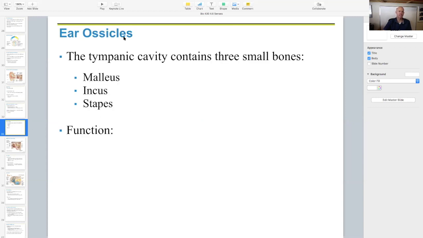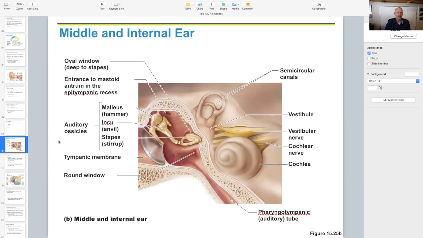And then that brings us to the malleus, incus, and stapes. Those are three separate bones. They take that outer sound energy from the external ear, and it gets transferred to them, and they amplify the vibration and set sound waves into motion in the inner ear.